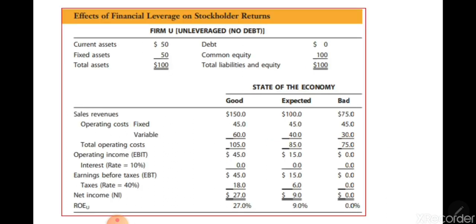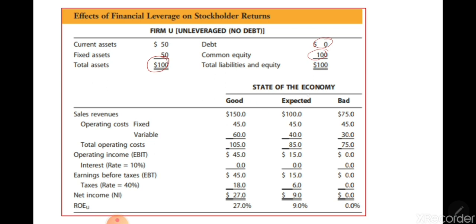This example is also taken from your book, and the first business is unleveraged, no debt. You can see that the total assets are 100 and all of these assets are completely financed through equity. So the business has zero debt in this case.